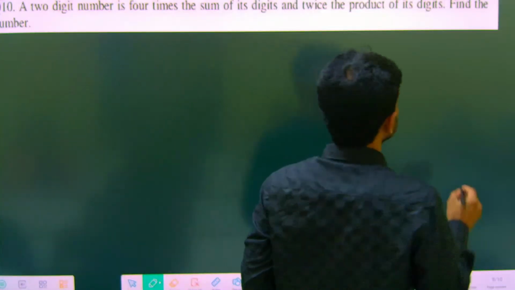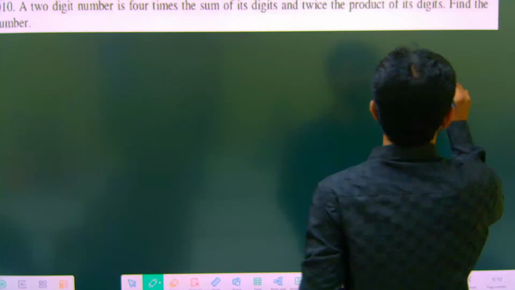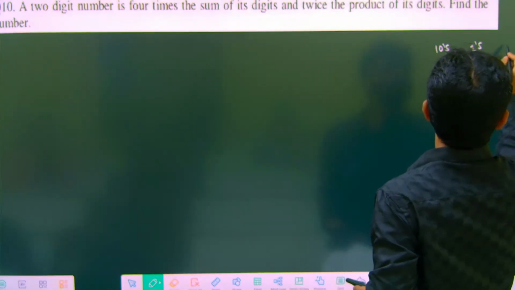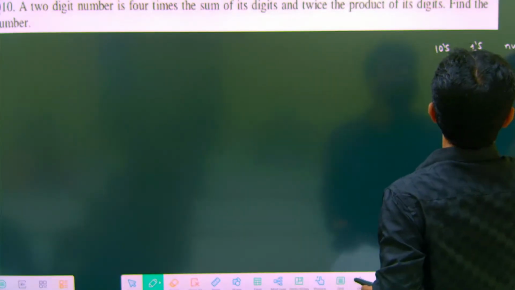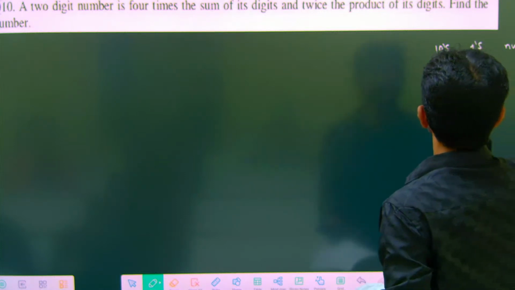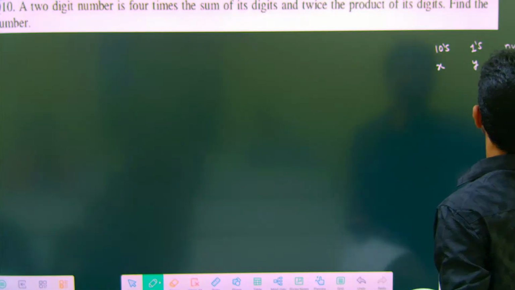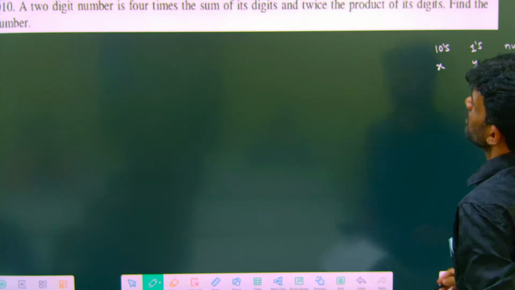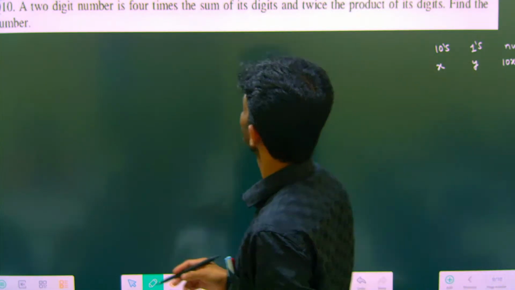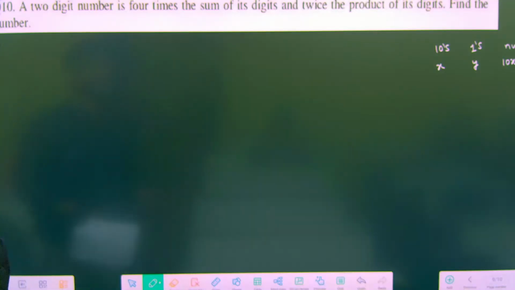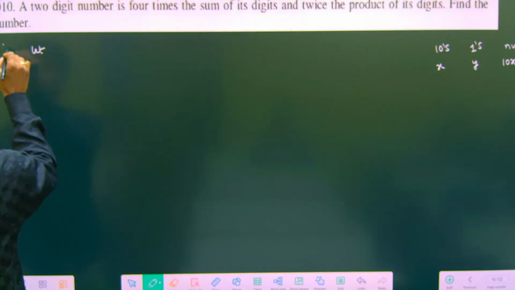Whenever a two digit number has tens digit x and ones digit y, the number will be 10x plus y. So here what they said: a two digit number is more than the sum of its digits. What is the two digit number? We should take first.